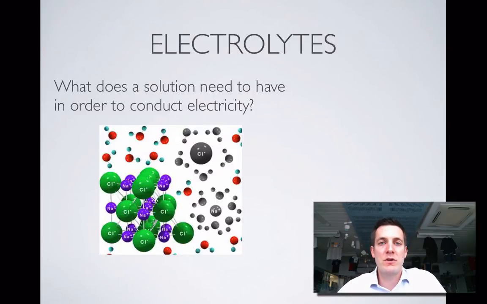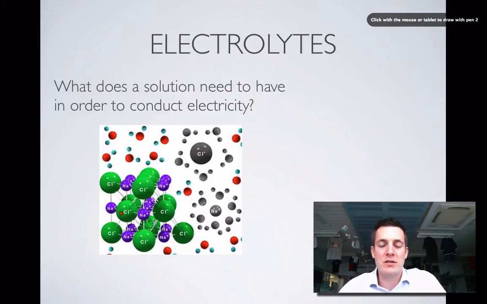Okay, so first of all, electrolytes. Now, you should remember something about these, but just in case you don't, let's have a look at why electrolytes are called electrolytes. This diagram has a sodium chloride crystal pictured. Sodium chloride we know is an electrolyte because when you dissolve it in water, it will break up into free moving ions, which can conduct electricity.